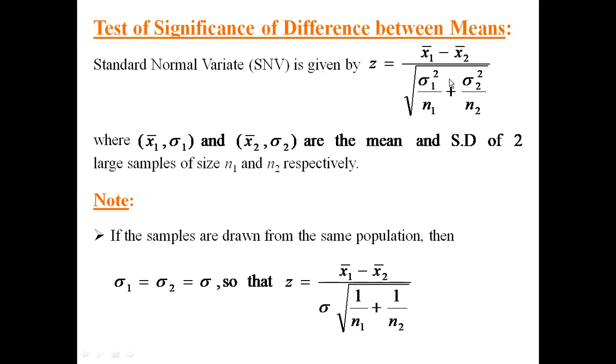Outside the square root term, we can write it down as sigma. So the formula changes in this manner when the samples are drawn from the same population. Only when samples are drawn from the same population, the standard deviations of both are equal, and in such a case, the Z formula is given by this.